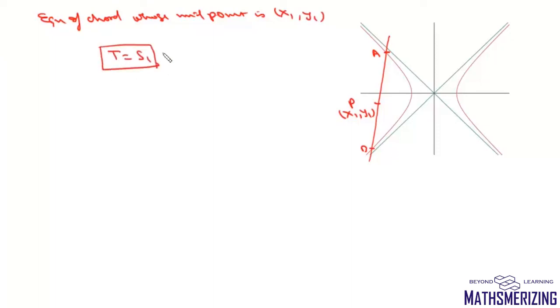So if we have to write equation of any chord whose midpoint is given, then we can write this equation as T equals S1. Now T for hyperbola is x x1 upon a square minus y y1 upon b square minus 1, and S1 is x1 square upon a square minus y1 square upon b square minus 1. Here 1 and 1 will cancel. So this linear equation will represent the chord with the given midpoint.